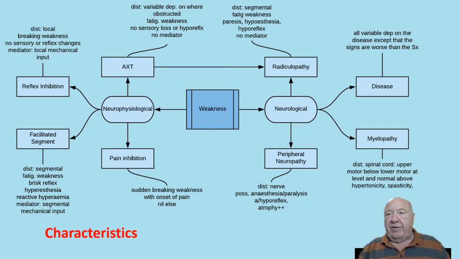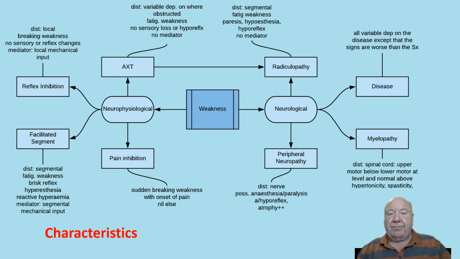This is best tested with knee-centric contraction. You can pick it up much more easily that way. So there's no reflex changes. There's no sensory changes, and it can be moderated by local input of mechanoreceptor. So if you move the joint repeatedly for a little while, the tone will come up, and so will the strength.